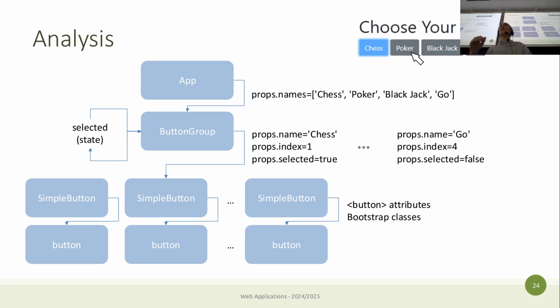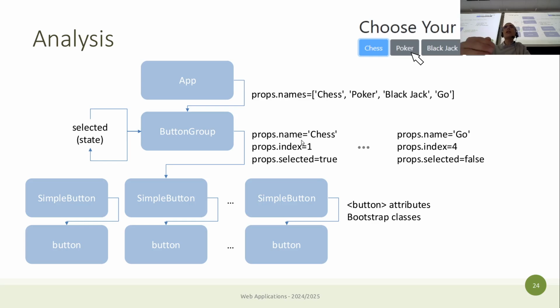So besides passing the state, selected or not, we also pass the name. So we only have one component, and we say, well, render yourself, but put this name on top of your button. So we only write one component, and we will instantiate it 4 times.